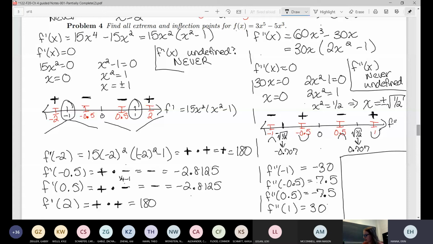So at all three of those points that we found, the negative square root of 1/2, the 0, and the positive square root of 1/2, we have inflection points at x equals 0 and positive negative square root of 1/2.